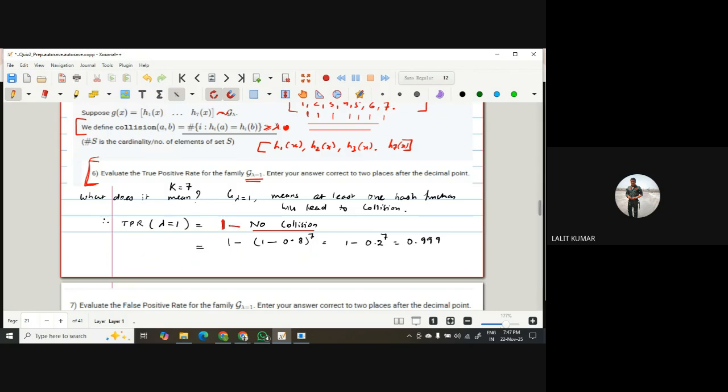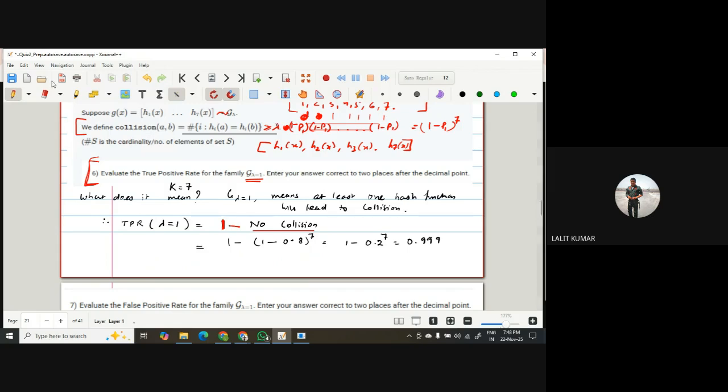If no collision had taken place, so for this also collision has not taken place. So this is 1 minus P1. For this also collision has not taken place, so 1 minus P1. So this is happening how many times? 7 times. So this is equal to 1 minus (1 minus P1)^7. Okay, sir. Got it, sir.